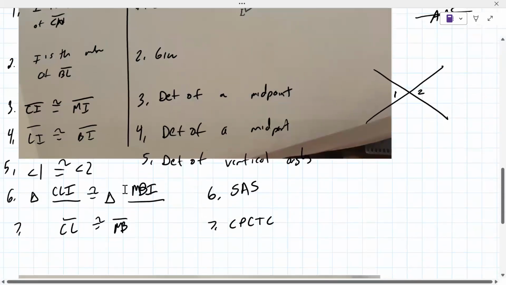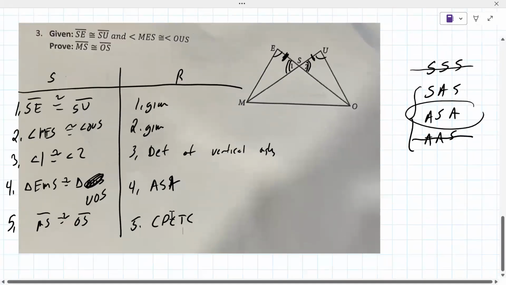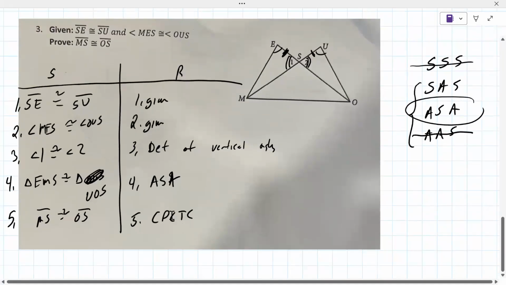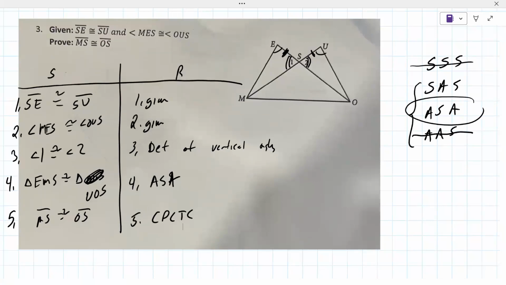Once we get to the CPCTC, we had to write so many definitions. Well, they're all different. It's not like algebra where I can give you a related problem. They're all different. Once you prove the triangles are congruent, the next step is almost CPCTC. Got it. Any questions on that? No.